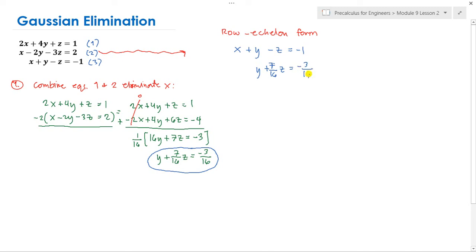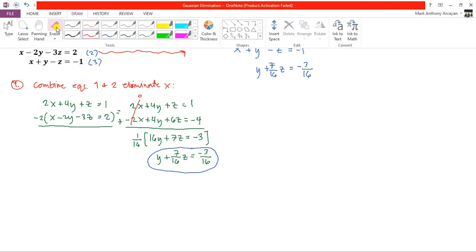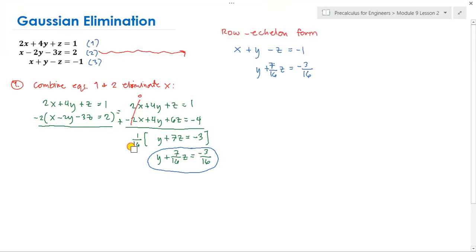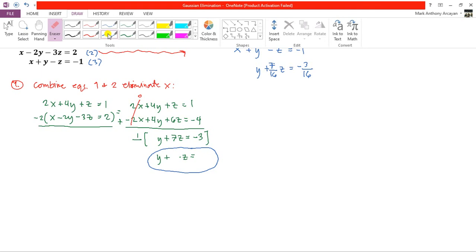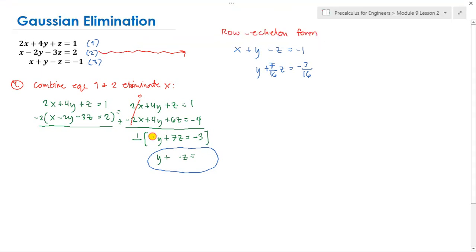So using that one, we now have y plus 7 over 16z is equal to negative 3 over 16. So kulang na lang og z alone. So Sir, dili day 8? Okay. Sorry, sakto-sakto. This is 8. I thought gi-multiply hinoon. So this would be 8.